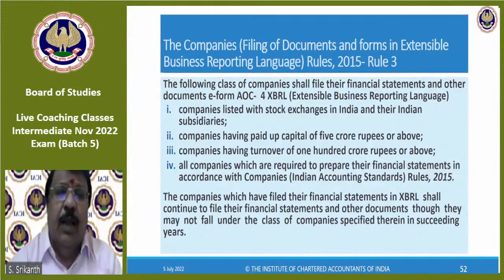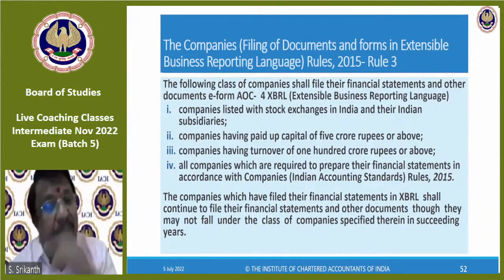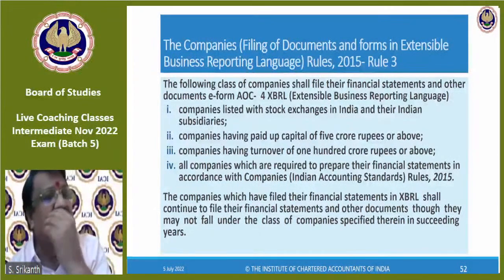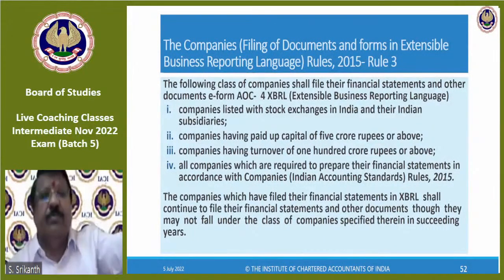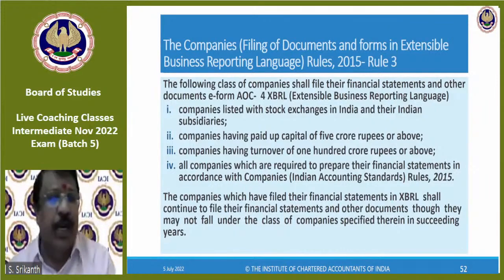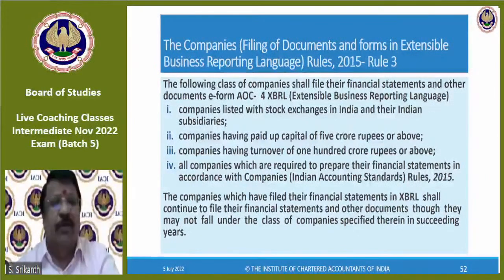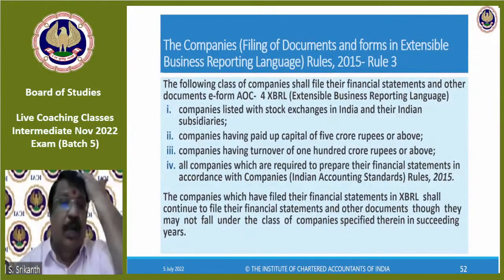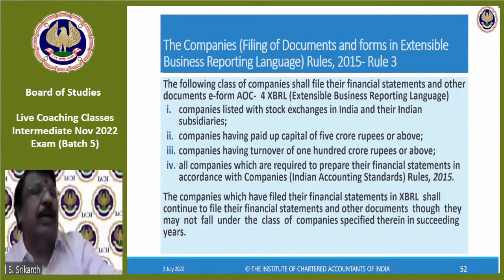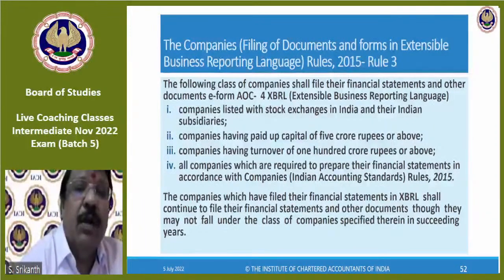So, companies listed with stock exchange and their Indian subsidiaries. If you are an Indian subsidiary of a listed company, XBRL is compulsory. See, this is one of the most useless activities, according to me. Nobody uses it, or maybe they use it at a higher level. I don't know, but compulsorily it has to be uploaded in XBRL form.